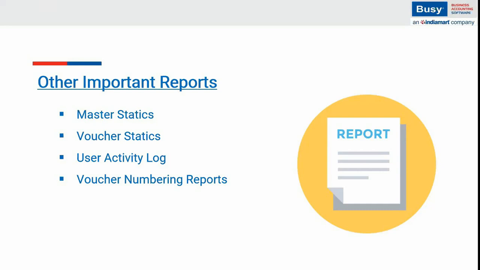In some cases, if you miss voucher number 5, 1 to 4 is available, and 6 to 10 is available, the fifth voucher is missing. That kind of discrepancy about the voucher numbering, you can get from this particular voucher numbering report. So these are some important reports available in this software.